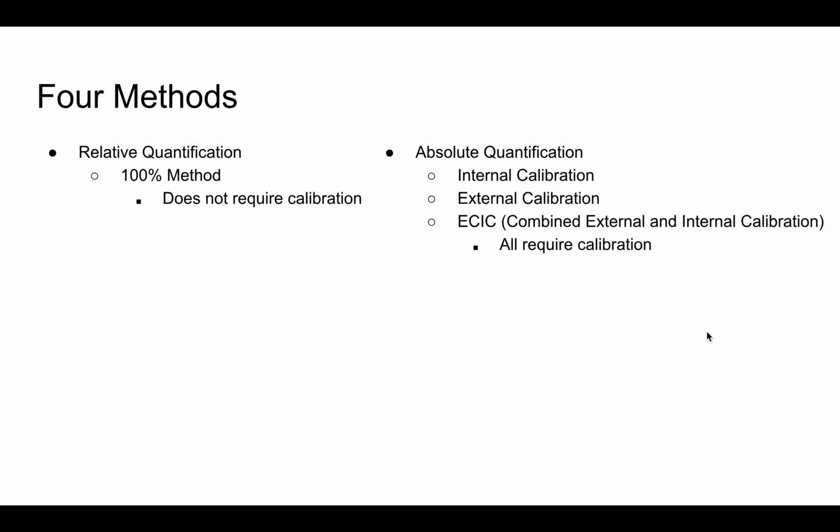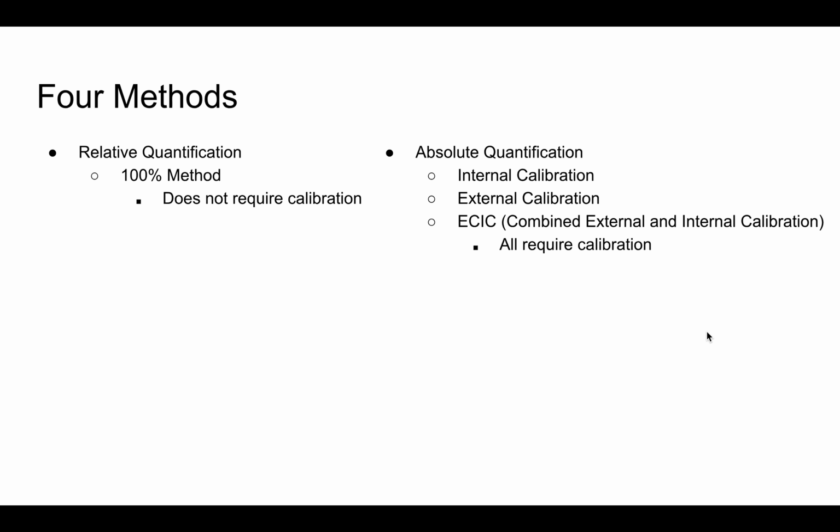So the four quantitative proton NMR methods can be divided into two categories: the relative quantification and absolute quantification. Under the relative quantification category, there is one method called the 100% method. Under the absolute quantification category, there are three methods, and they are the internal calibration, external calibration, and ECIC method.